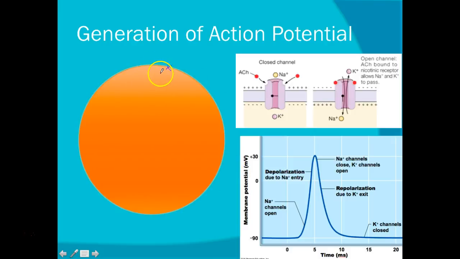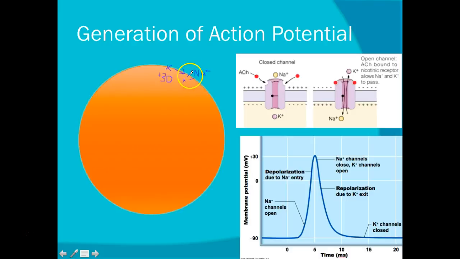Okay, we get our positive 30 in this region of our sarcolemma. Then that's going to propagate down the rest of the sarcolemma and cause the adjacent area to start becoming more and more positive too. And the way it does that is we have these voltage gated channels for sodium that will also open up. So it's kind of like a cascade effect.